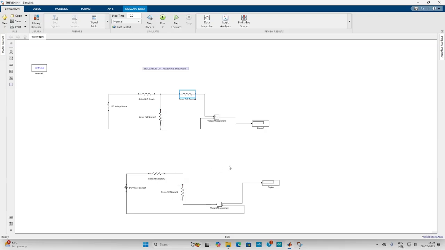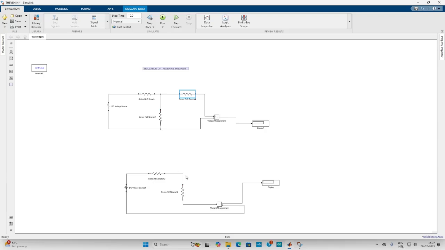Before that, we have to find out the RTH value by theoretical calculation as we did in the corresponding experimental verification. So we know the value of VTH. This is the RL value. Then VTH value we can calculate here. So VTH, RTH, RL.